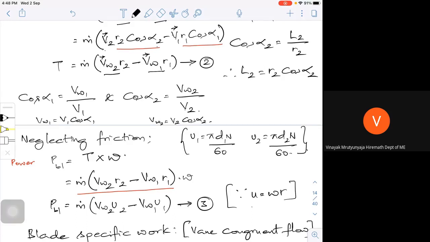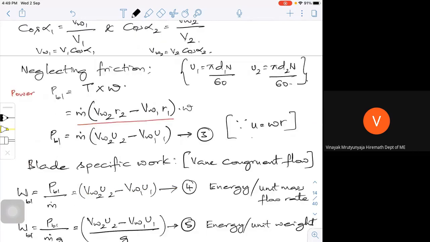So those things all we have to look at. Power is nothing but your mass flow rate, that is your torque into omega, or 2 pi n by 60. So what we will write is mass flow rate into Vw2 into R2 minus Vw1 into R1, into omega. Okay. Now you know that in your vibrations or in your dynamics of machines, you might have studied u is equal to your linear velocity, u is equal to your tangential velocity, omega into r.